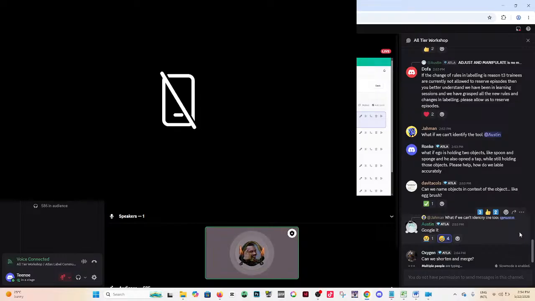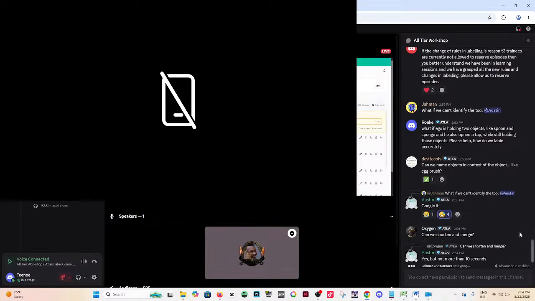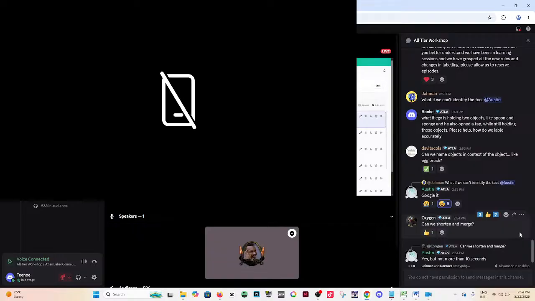That is container, surface, liquid. Okay, surface works. Container also works, and then substance also works. It's just that tool is the only one that's been gotten rid of.